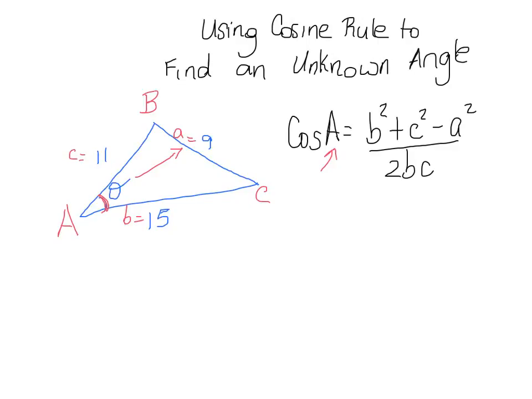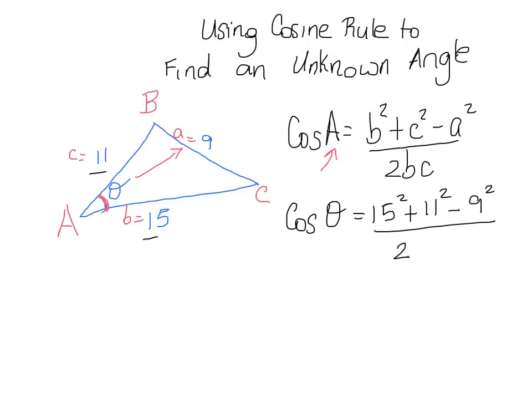Now we can plug into the formula. Cosine of the angle, which we do not know, is equal to b squared. In this case, b is 15. So 15 squared plus c squared, which is 11 squared, minus 9 squared over 2 times 15 times 11.